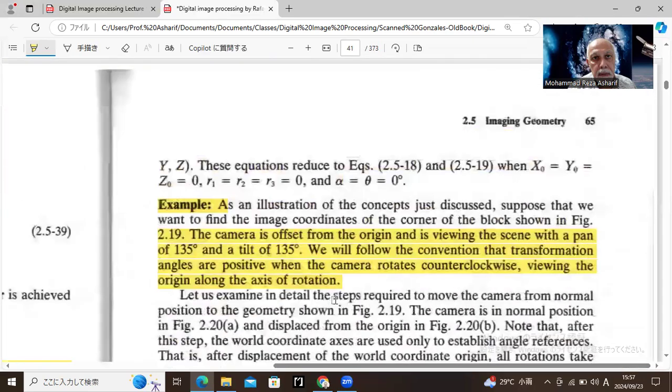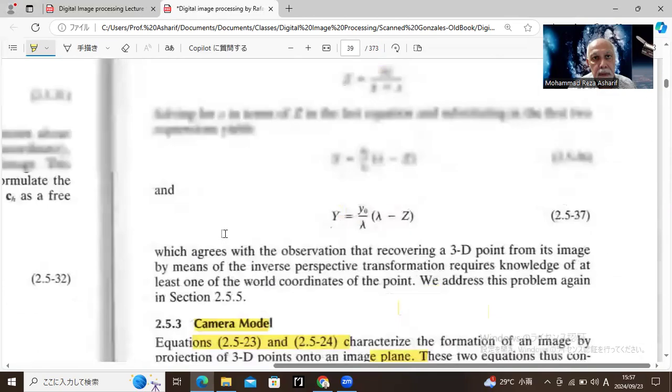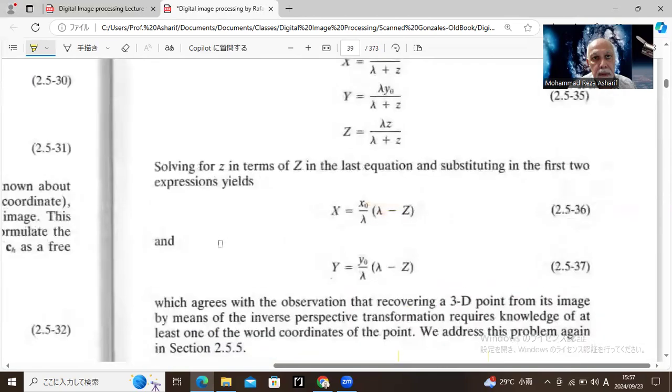Now we assume it is not matched. So in this case, when x0, y0 is 0, r1, r0, and alpha theta, this equation reduces to equations 18 and 19. Let me show you 18, 19. You will see.